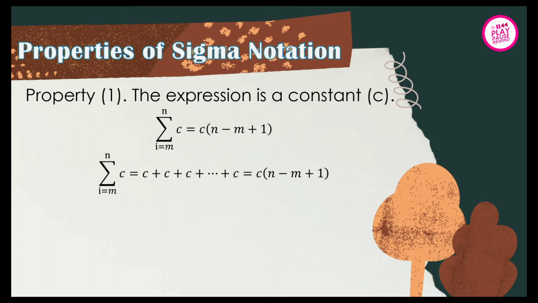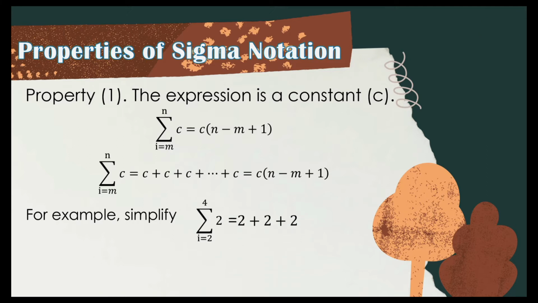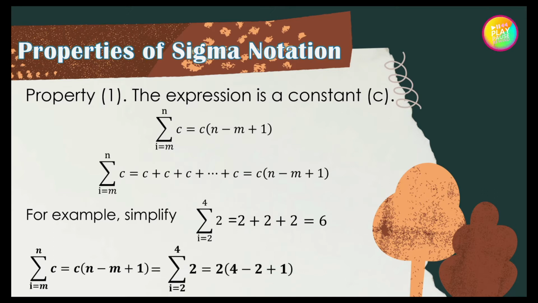For example, simplify the summation of 2 from i = 2 to 4, which is equal to 2 + 2 + 2 = 6. By applying property 1, the summation of c from i = m to n is equal to c times (n - m + 1).